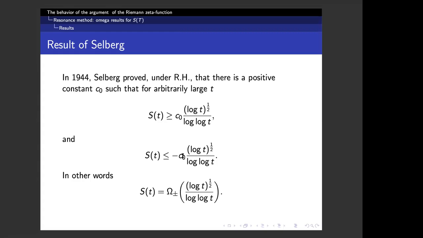S t is smaller than minus C0 (log t)^(1/2) over log t. These inequalities are called omega results. I will write in this form: S t is omega plus or minus (log t)^(1/2) over log t. This is a result by Selberg.